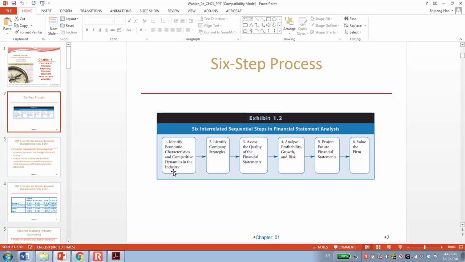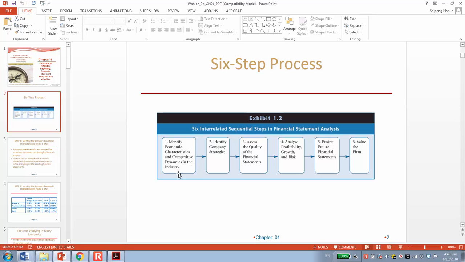We should understand these 2 factors of the industry where the firm participates, because the environment determines a firm's strategy. This is easy to understand.